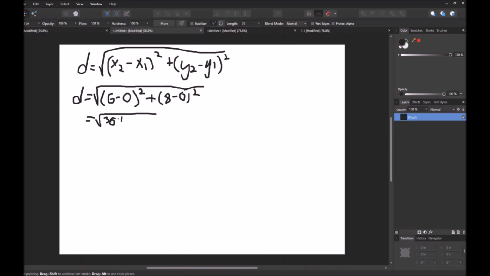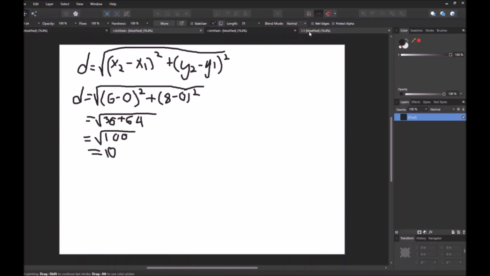And 8 minus 0 is just 8, and 8 squared is 64. So we have the square root of 36 plus 64. 36 plus 64 is 100, and the square root of 100 is 10.